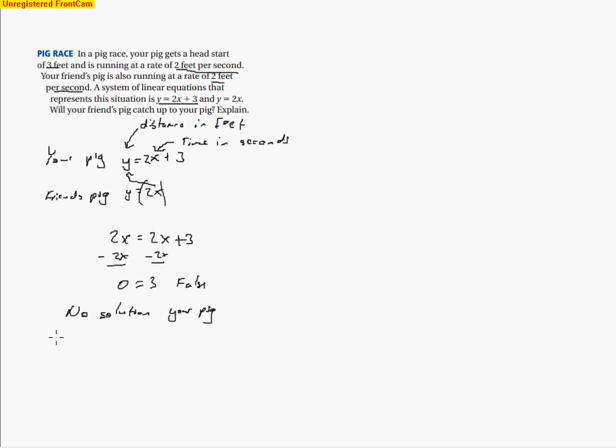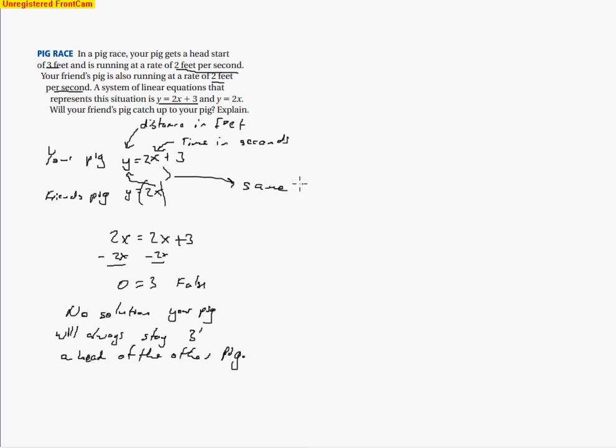Your pig will always stay 3 feet ahead of the other pig. And the reason is that the slopes, look at the rate of change. Your pig and your friend's pig have the same slope.